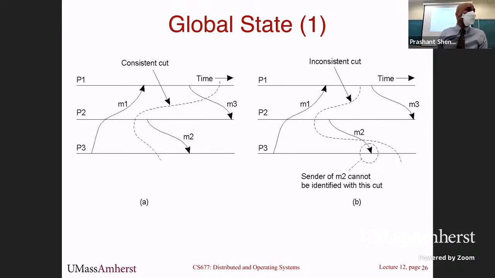Other question? Yes. Okay. Question is, can a process not send new messages before you receive? There is no restriction on what the process can do while the snapshot is occurring.